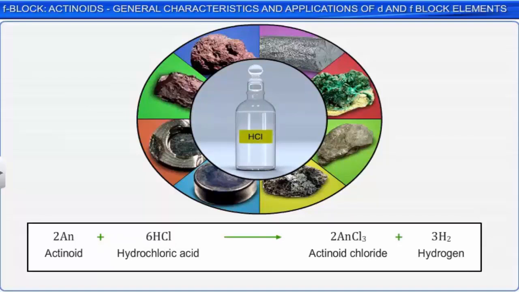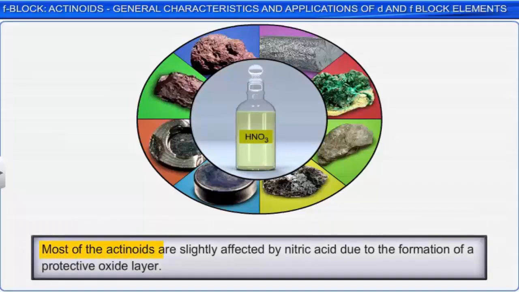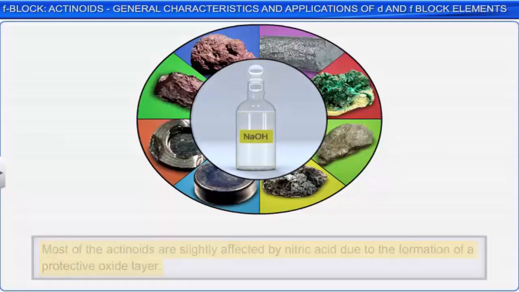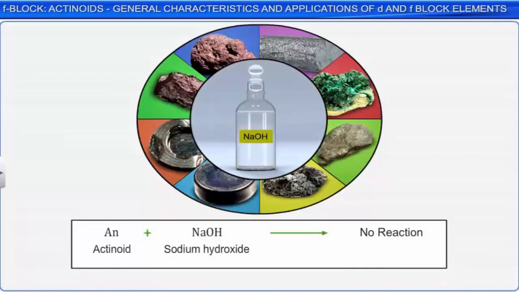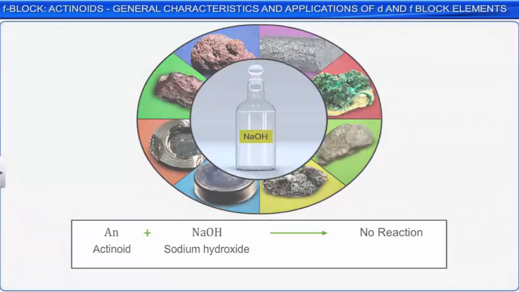Most of them are only slightly affected by nitric acid due to the formation of a protective oxide layer. They are basic and do not react with sodium hydroxide. They react with oxygen, the halogens, and with hydrogen.